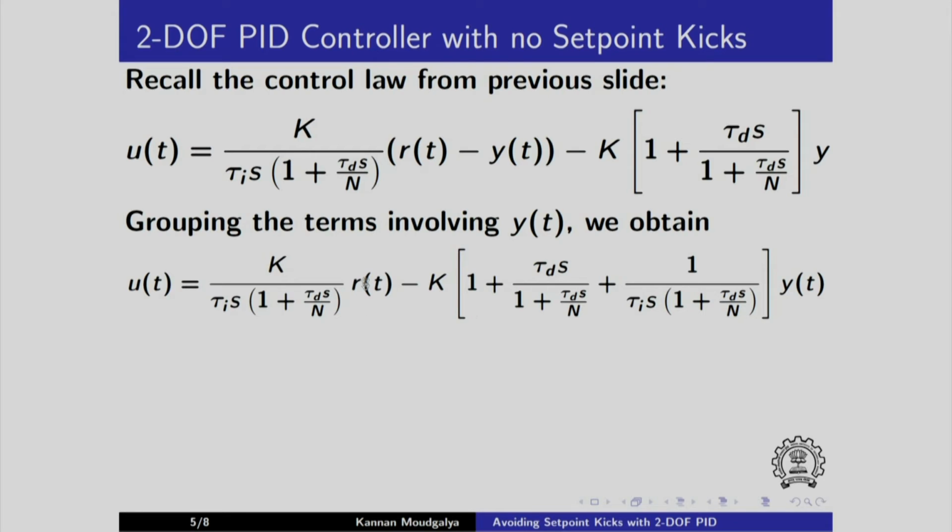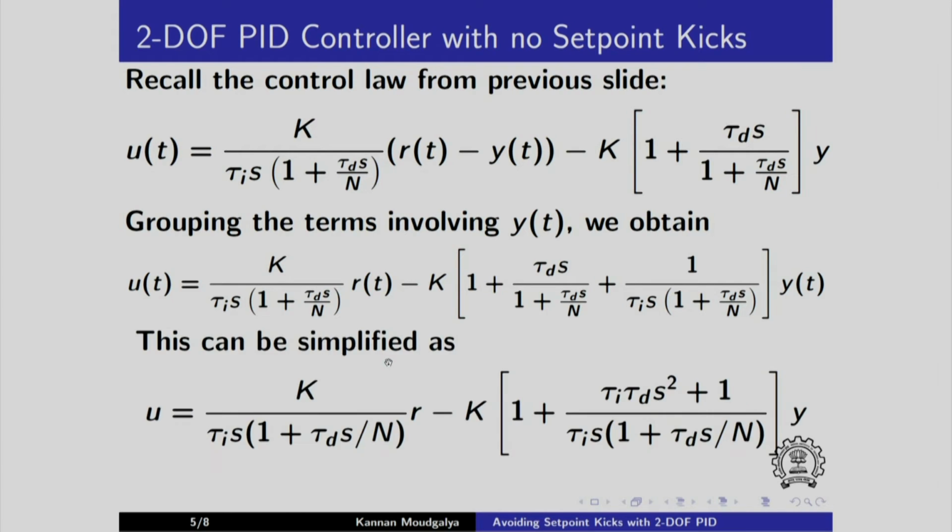So we have grouped all the terms that multiply R, and here all the terms that multiply Y are inside these square brackets. We can simplify this. There is not much change here. Here we have multiplied tau i s into this because the denominator of the second term is already present.